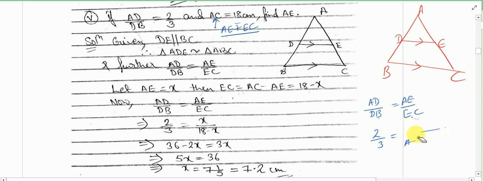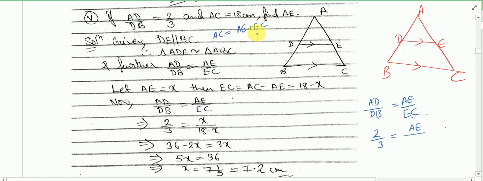It will be simply AE. EC is not given. AC is given. Clear? AC is given, EC is not given. But we know that AC is equal to what? AE plus EC. Clear?